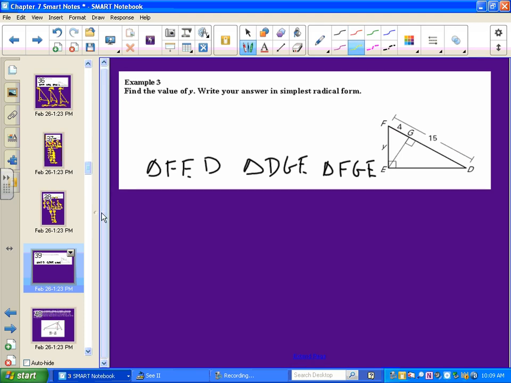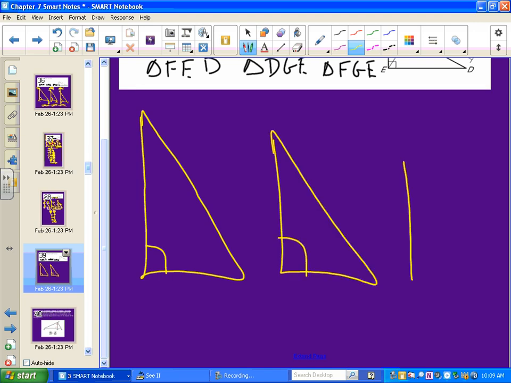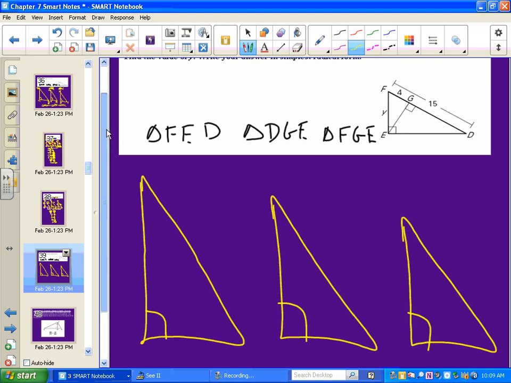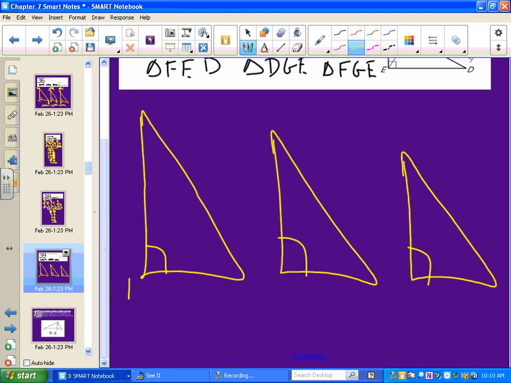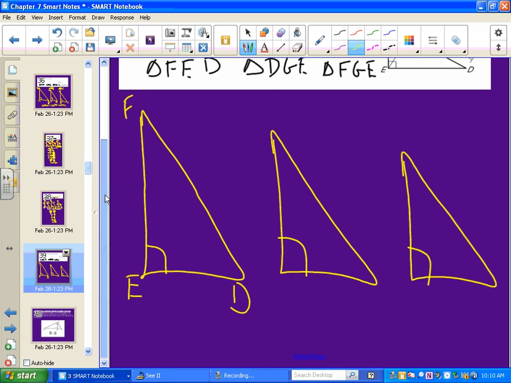From here, draw my three triangles. Right angle always in the bottom left corner. So, triangle FED, E is the right angle. Place F at the top, D at the bottom. In this first triangle, once again, it doesn't matter where you place F and D. Looking at the next triangle, DGE, G is the right angle.